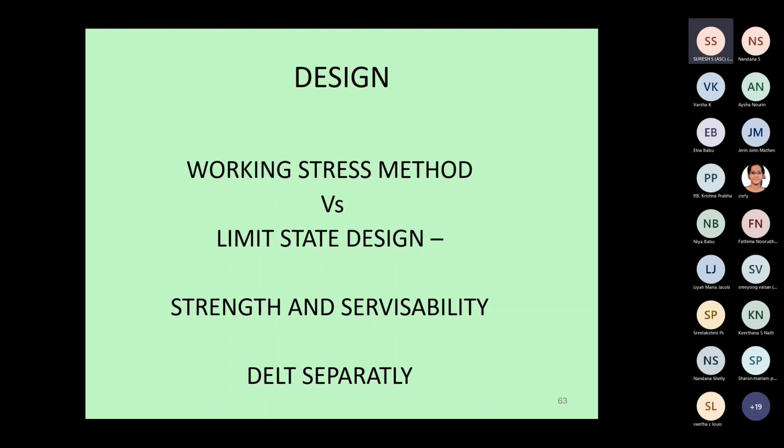And if we come down to limit state design, this common approach of applying a single factor of safety on the material strength is modified by splitting the factor of safety into two different sections. A part of the factor of safety is applied on the material strength.